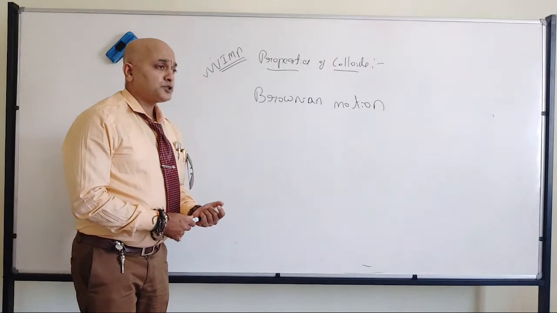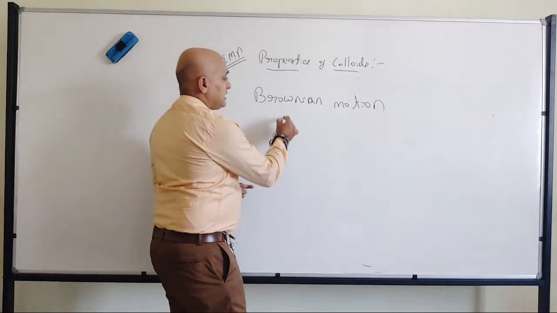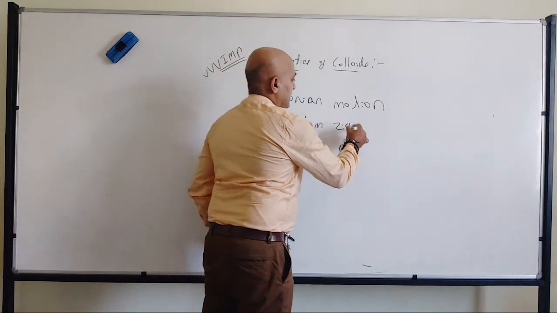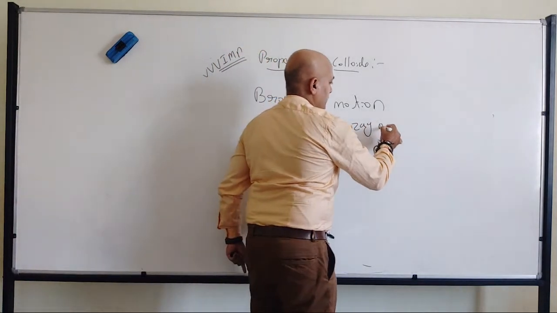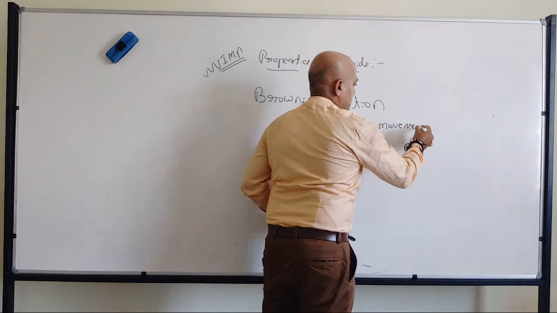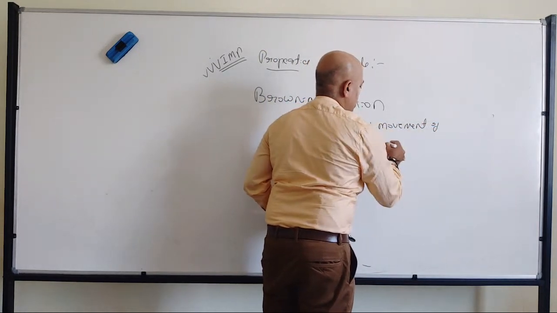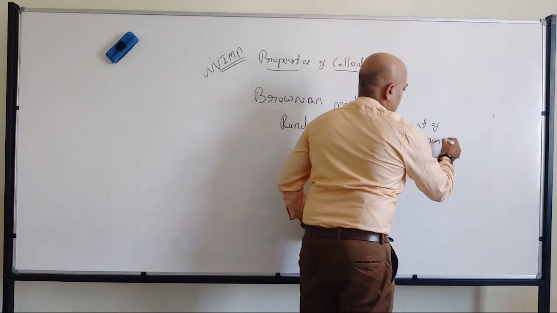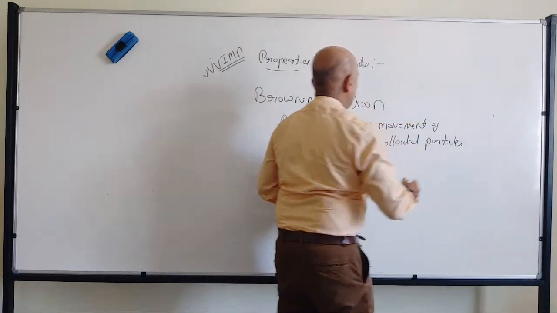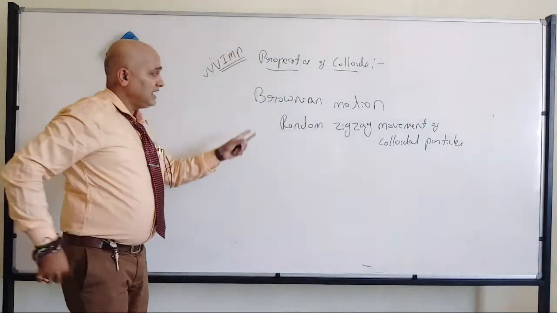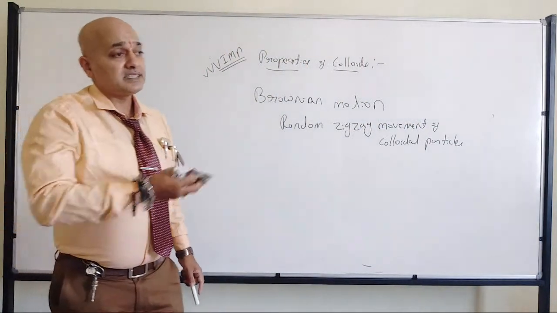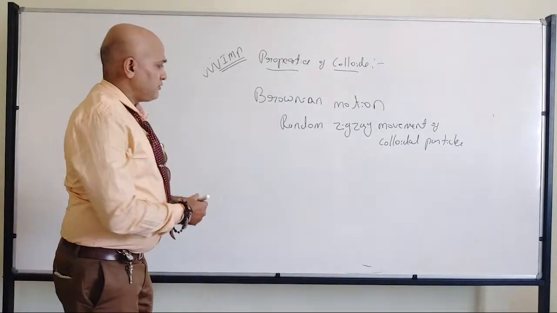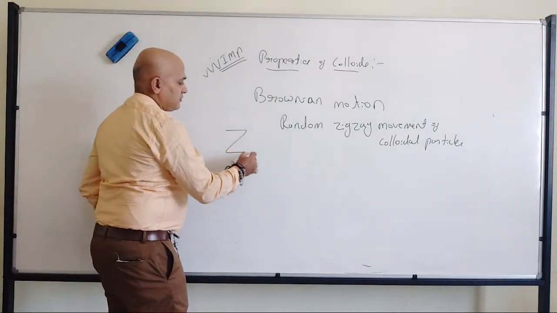Brownian motion is the random zigzag movement of colloidal particles. If they ask for the definition of Brownian motion, you should tell it is the random zigzag movement of colloidal particles. If you want to represent it, it can be like this.